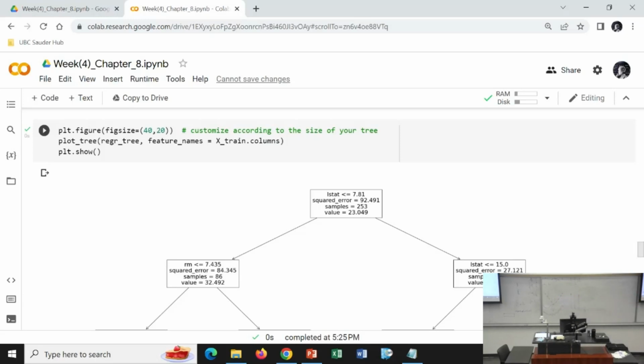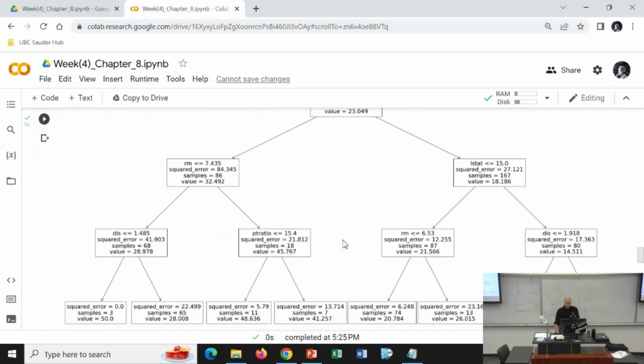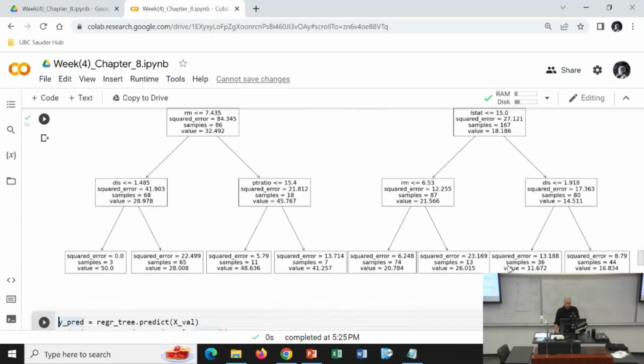It's based on the 1960s, I guess. Buy a house for $18,000, right? Then you can see that there are splits based on RM, a different variable. But based on these numbers, we end up with these boxes.